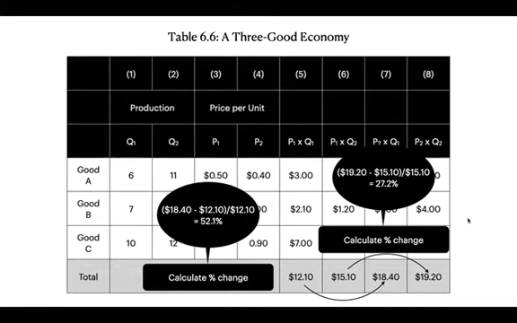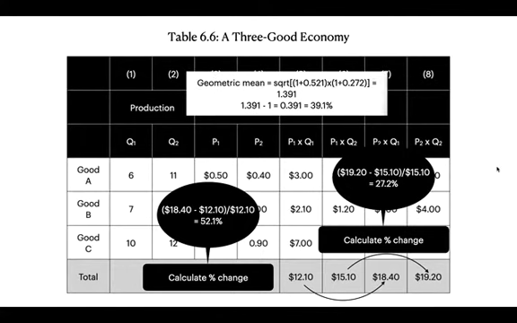What they do is they calculate a geometric mean between the two GDP deflators that were calculated. So we take the square root of 1 plus the first GDP deflator, so we have 1.521, multiplied by 1 plus 0.272, so it's 1.272.